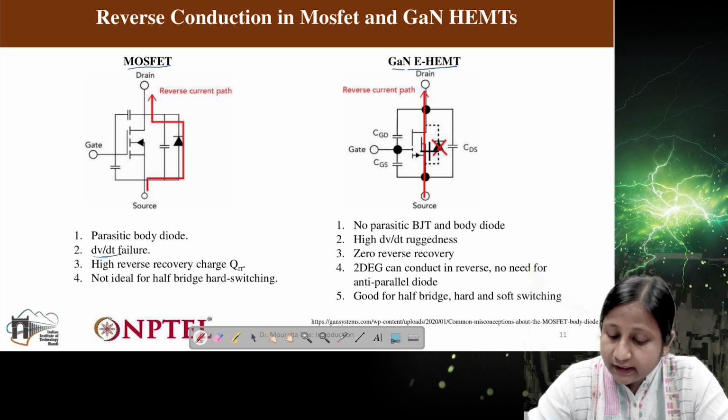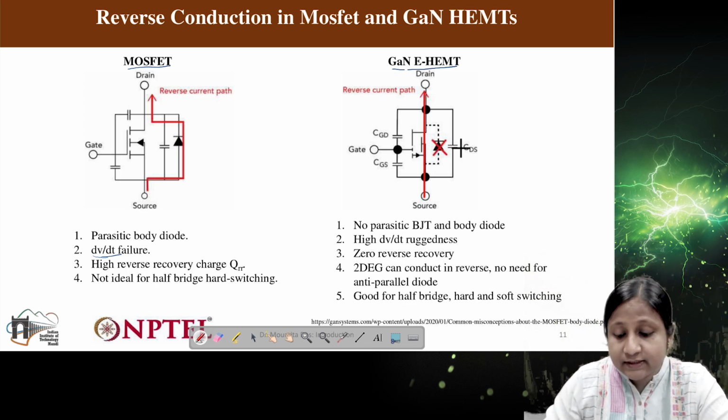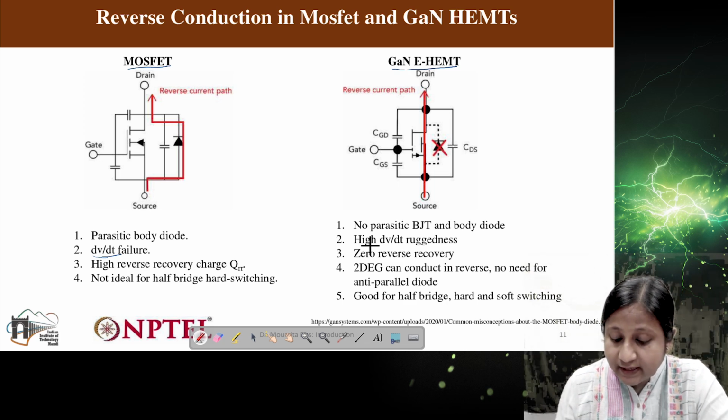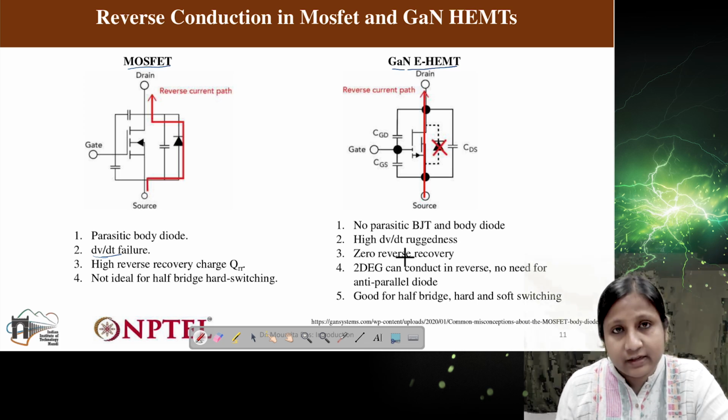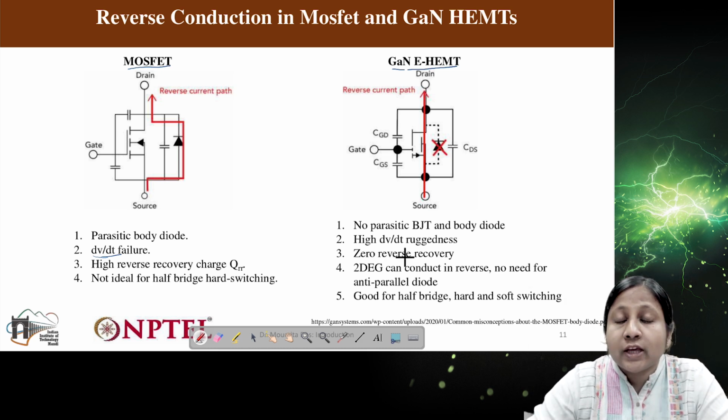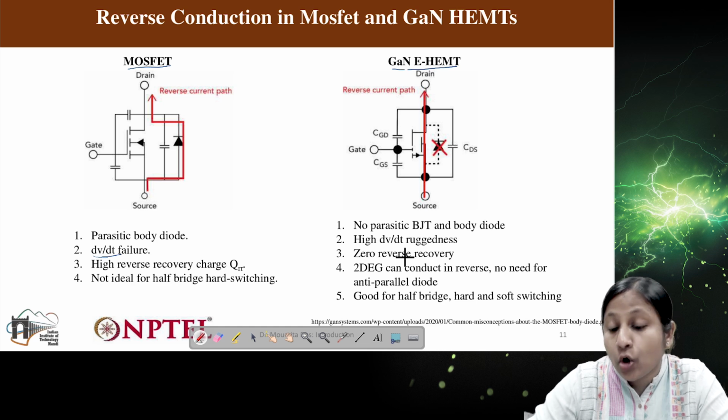You can see here, due to the absence of this body diode, this device has high dV/dt ruggedness, and as the diode is not present, no time is required for reverse recovery. So there will be zero reverse recovery time or loss.